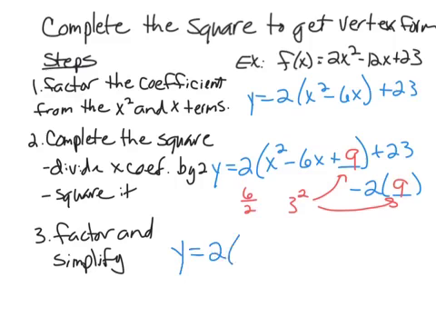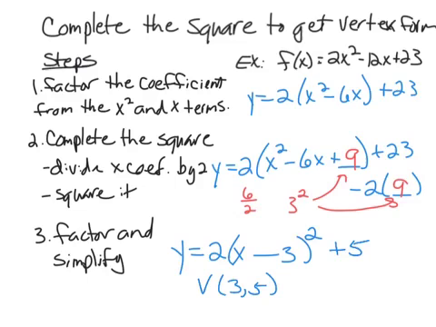And then what this thing is going to factor into is the same binomial squared. It's the square root of x squared, the square root of 9, and the sign of the middle. So x minus 3, quantity squared. On the outside, I have 23 minus 18, so that's going to leave me with plus 5. Now we have our function in vertex form, and I can name the vertex. The vertex is going to be 3, 5.